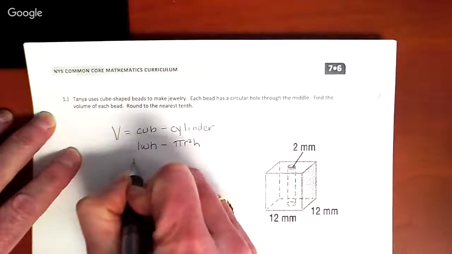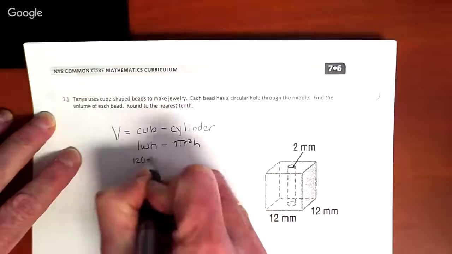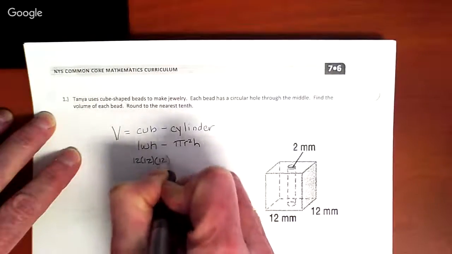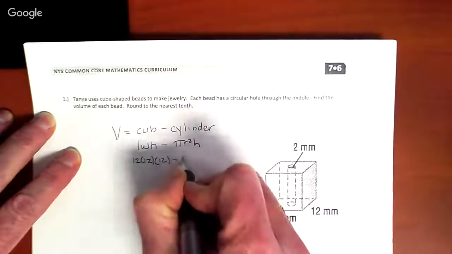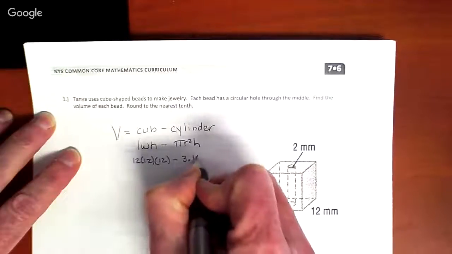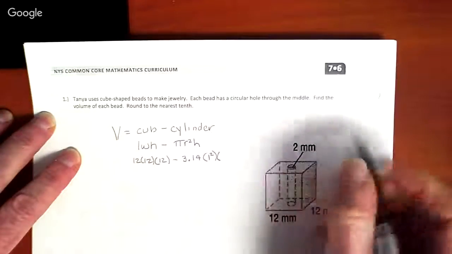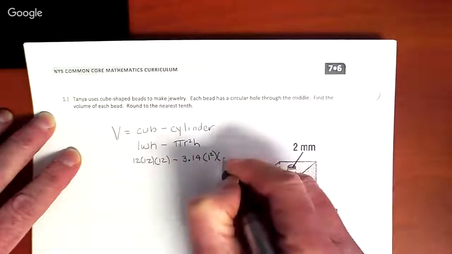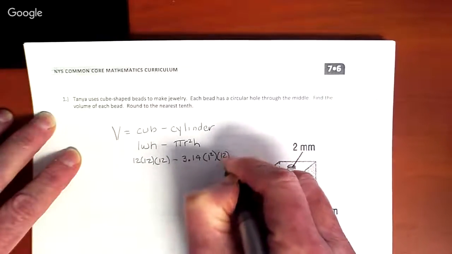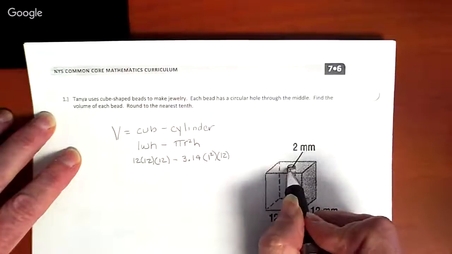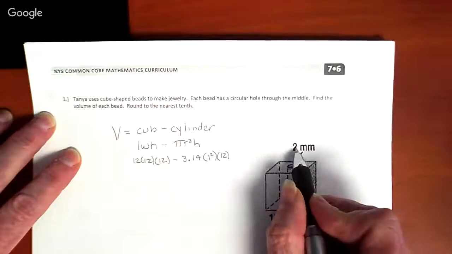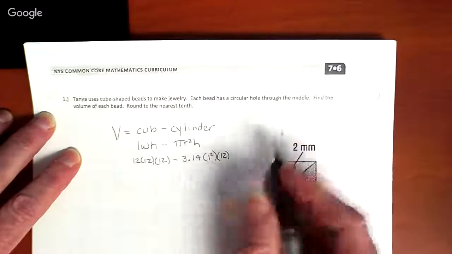So here we have 12 by 12 by 12, and we are going to subtract 3.14 times 1 squared times the height of 12, because our radius is half of our diameter, which is 2, so half of 2 is 1.